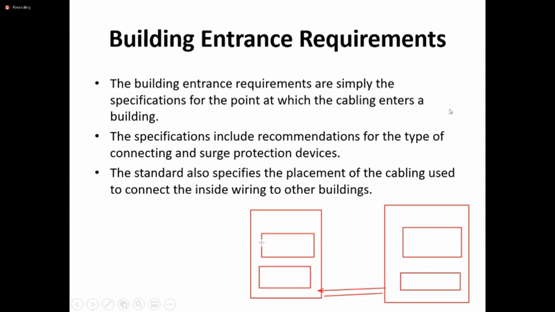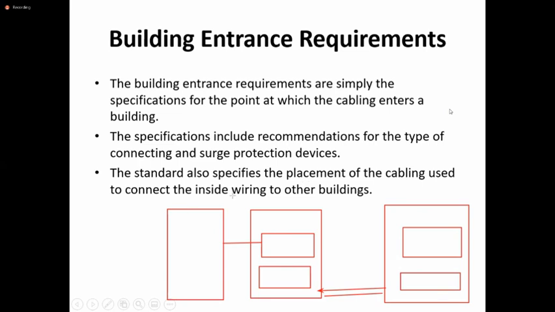So there is also a specification on how, let's say, one of these internal wirings you want to connect to another building. So how this should happen, the standards and everything, safety.